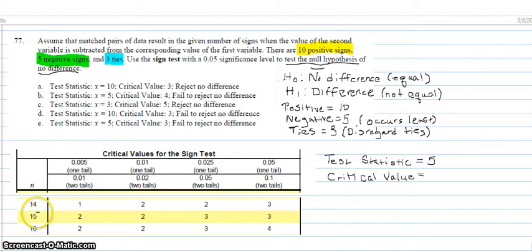So we want to use N is 15, two-tailed, significance level of 0.05. So this is the column up here that we're going to use. When you come down and across, they meet at 3. That's how you find the critical value. So your critical value is 3.